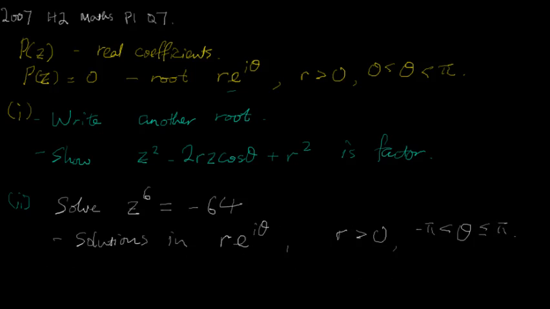And the last part of this, we want to write this expression, z⁶ + 64, as three quadratic factors.